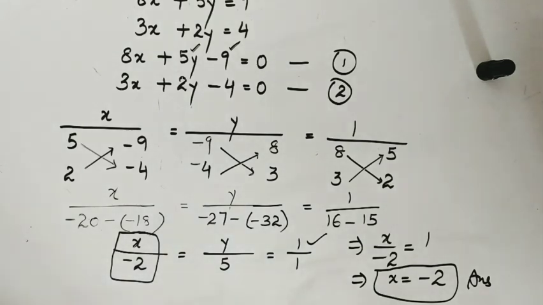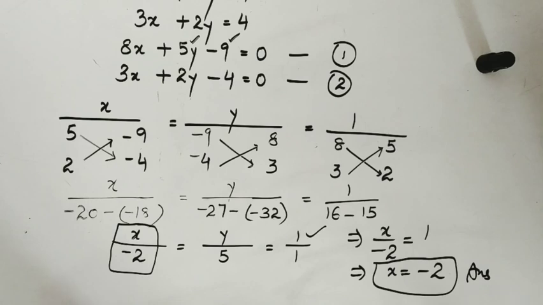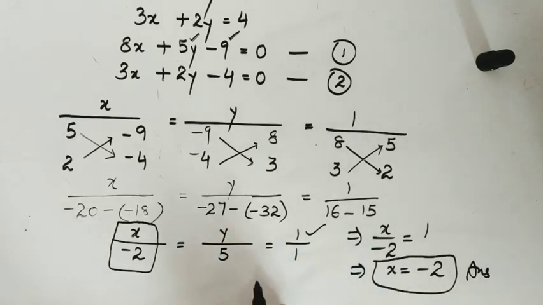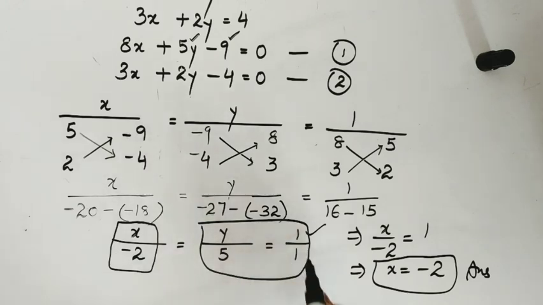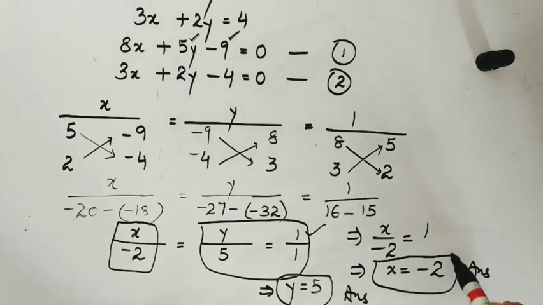And similarly for y, can we say that y by 5 would also be, check from here, y by 5 is also equated to 1 by 1 and hence y becomes 5. So this is how cross multiplication would be applied and we would find the values for x and y.